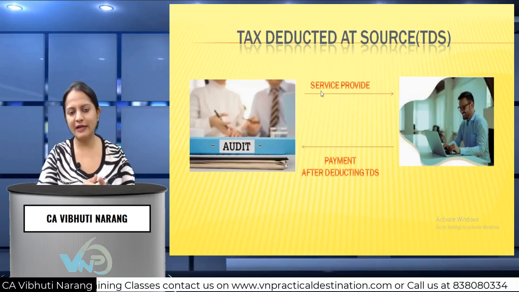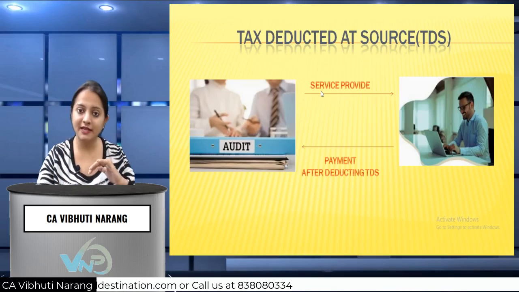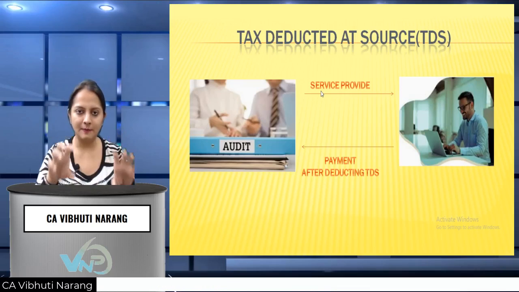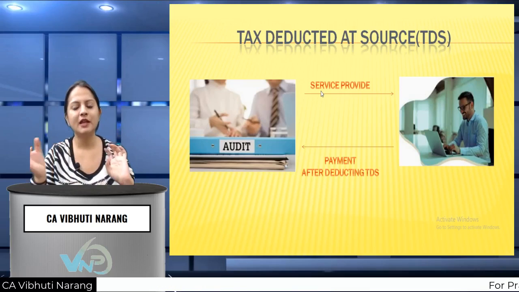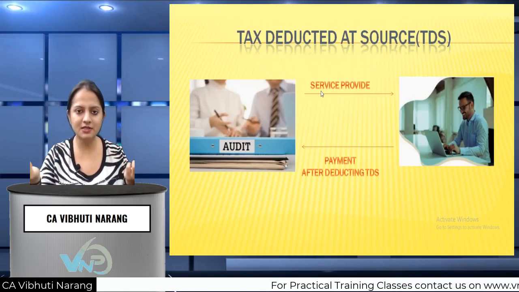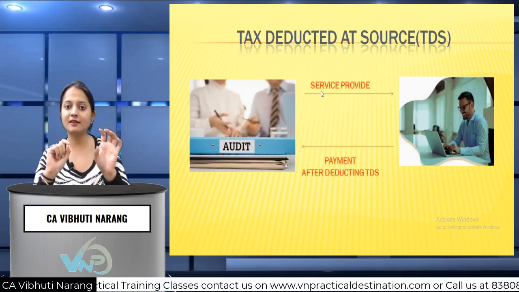For the service provider, it is income. For the person who is receiving the service, it is an expense. So when he is making payment for the amount earned by the CA, at the time of making payment, the person who is liable to pay will deduct TDS at the set percentage.